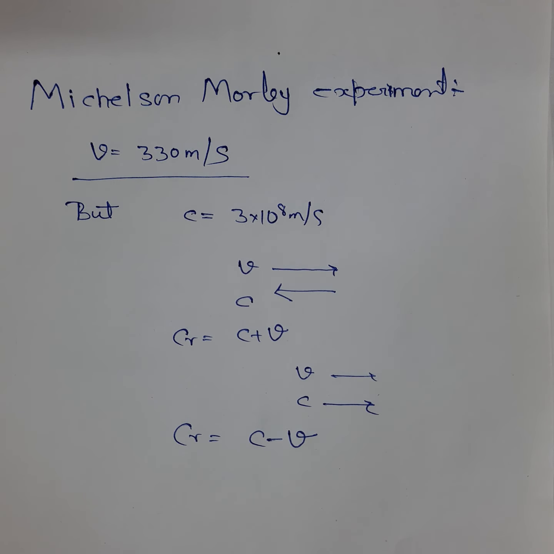The Michelson-Morley experiment was performed to determine the speed of earth with respect to this frame, so that the effect of the observer's motion on the speed of light could be known.